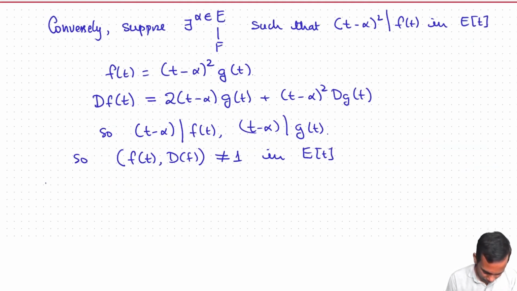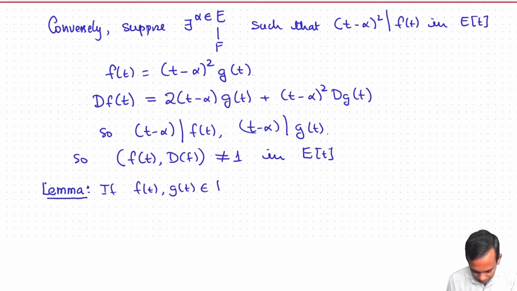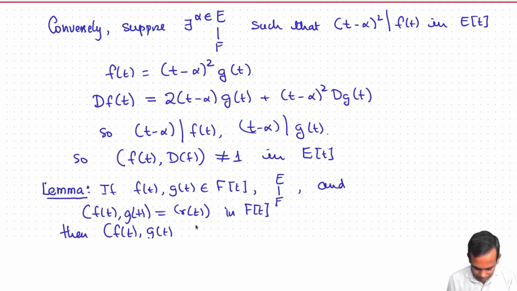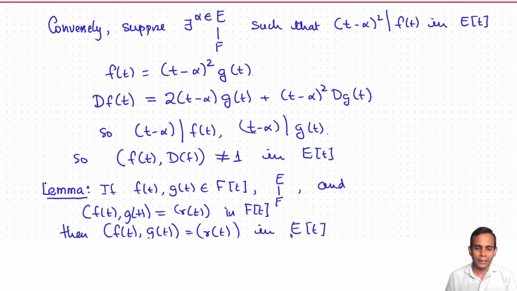So here's a lemma. If f(t), g(t) are two polynomials in F[t], and E is an extension of F, and the GCD of f(t) and g(t) is r(t) for some polynomial r in F[t], so suppose the GCD of f and g is r in the ring of polynomials in the smaller field F, then I claim that the GCD of f(t) and g(t) is r even in the big ring of polynomials with entries in a larger field.